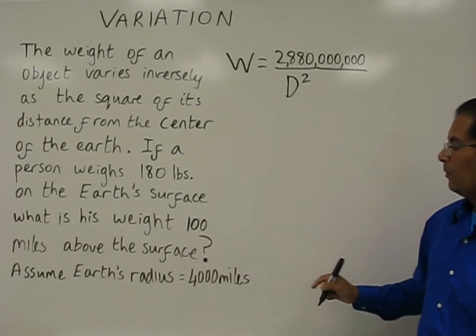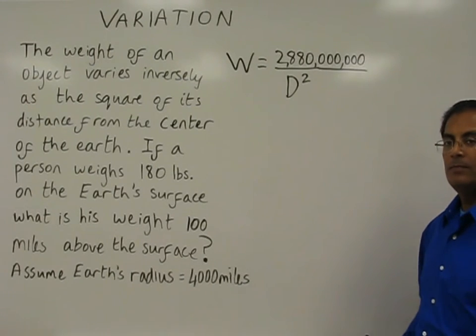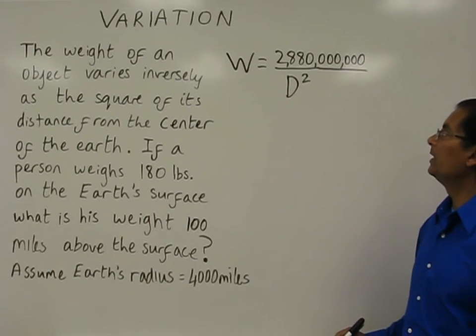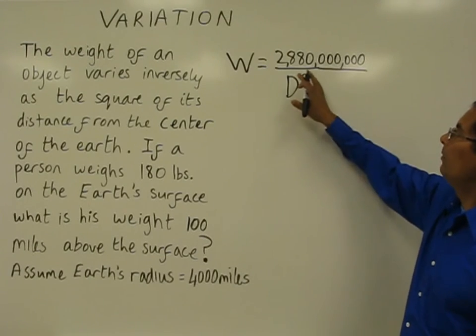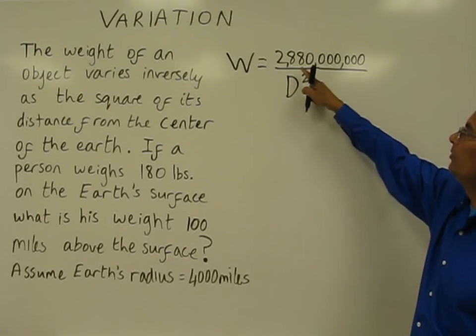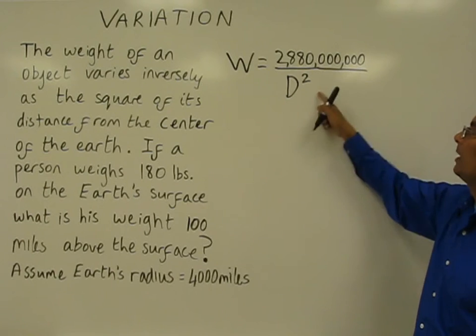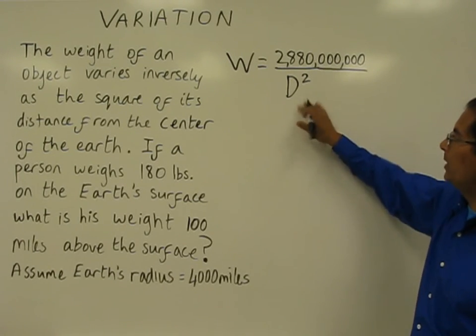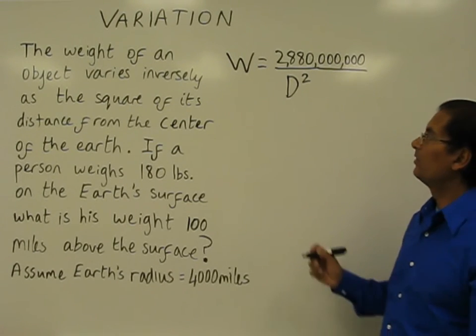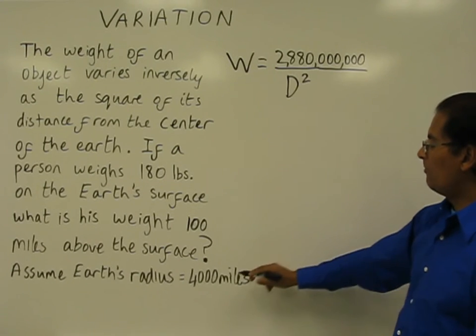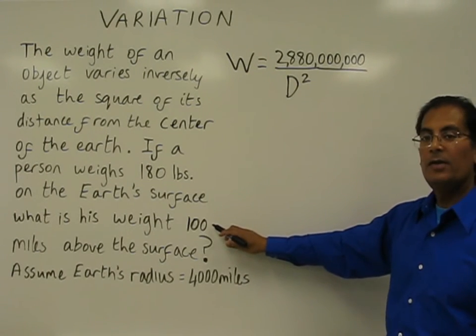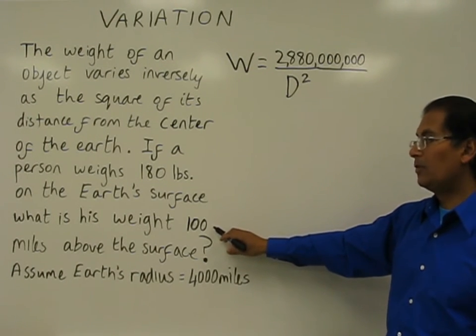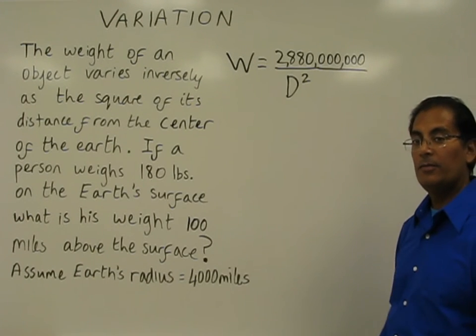We're asked now, what if you go 100 miles further? What is the weight of this person going to be? So we know W is 2,880,000,000 divided by d squared. We need to plug in our new distance. Our new distance is 4,000 miles plus 100 miles, because it's going up a further 100 miles from the surface.